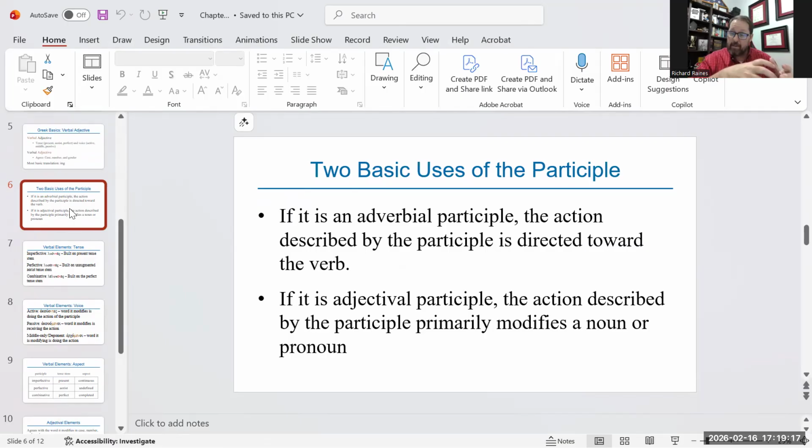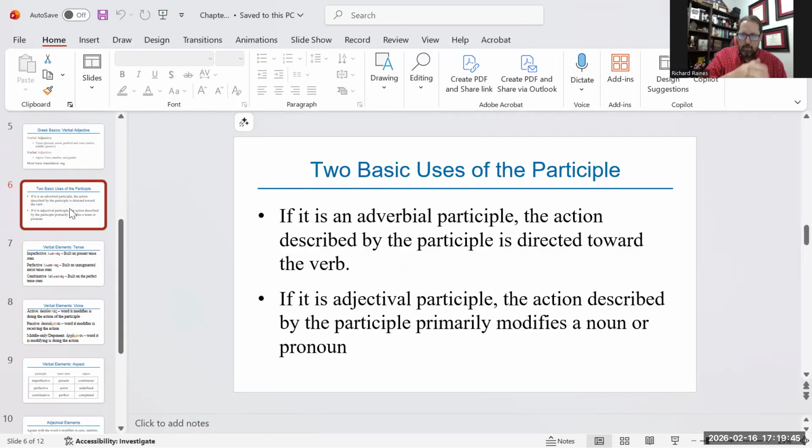So in the Greek language, your participle essentially has two functions. The first is when it is an adverbial participle. So the adverbial participle, the action, eating, studying, drinking, walking, the action described by the participle is directed towards the verb.